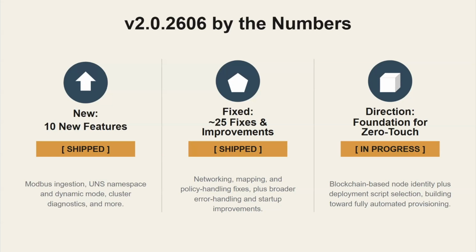With that came a bunch of fixes, a rough number of about 25 major bug fixes relating to performance, network issues, and moving toward an automated deployment process. That's the direction we're going for: a zero-touch deployment where you just say, I want to add an operator and it will do it for you autonomously. No need to define a company or node name or anything like that.